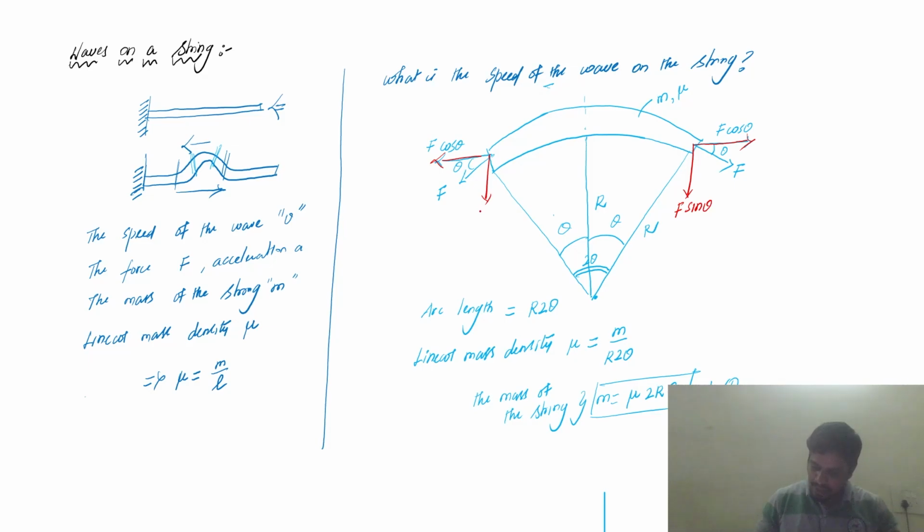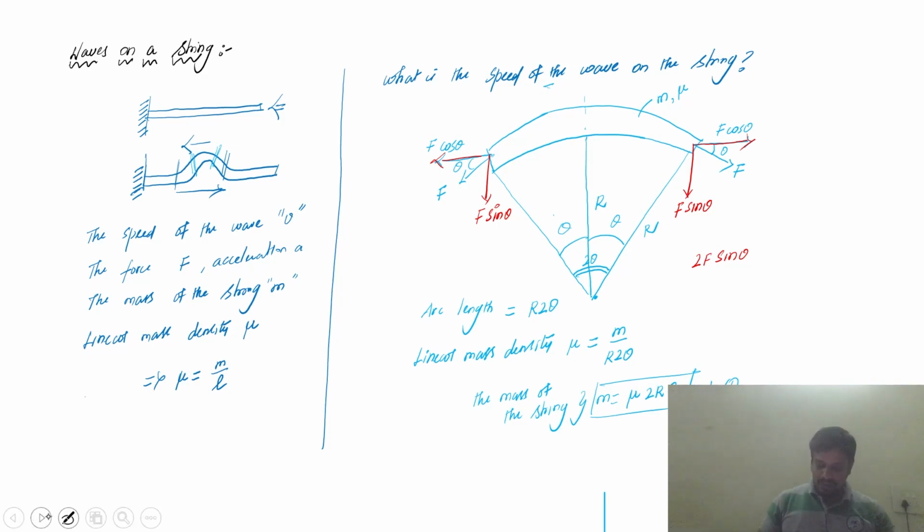There are two tension forces, so F sin theta, F sin theta, gives 2F sin theta acting towards the center of the small arc length.